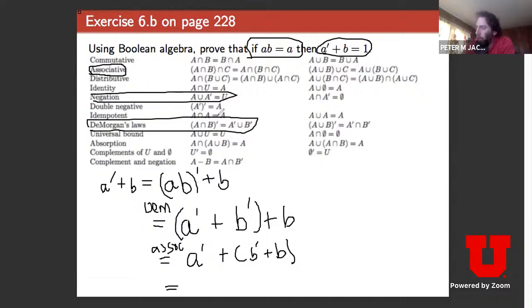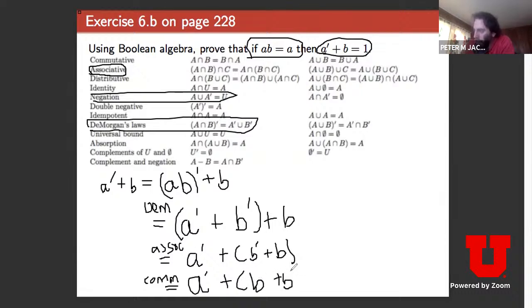Technically, according to the practice that we want to use in this class, negation is the right idea, but we first need to use the commutative property. We're going to flip the terms, because we have B prime plus B and it should be B plus B prime. It's a little bit annoying, but we've got to do it. So this is B plus B prime.